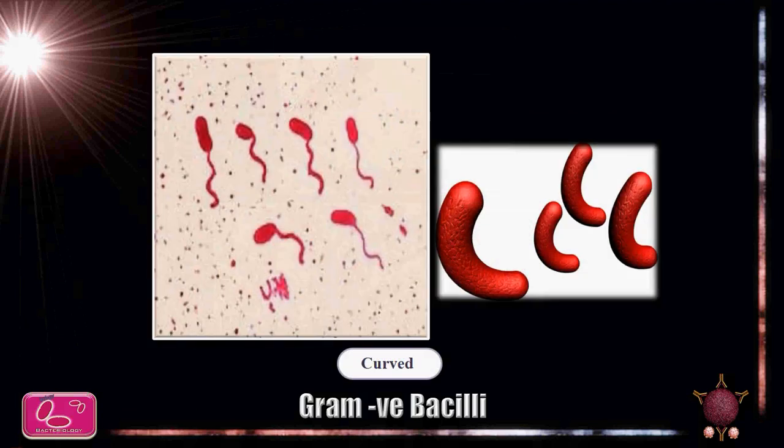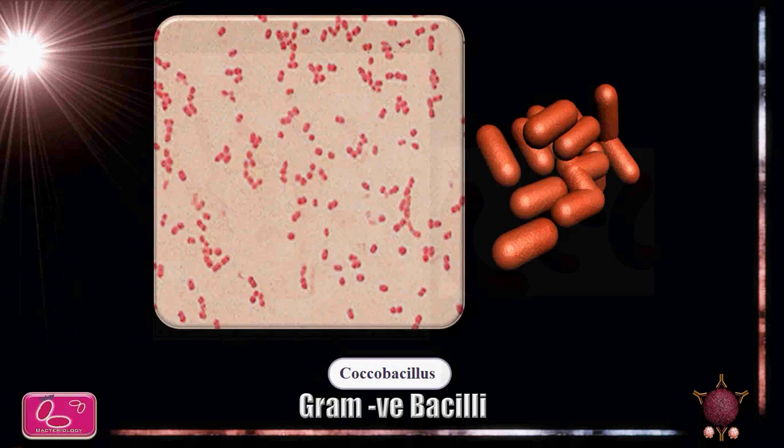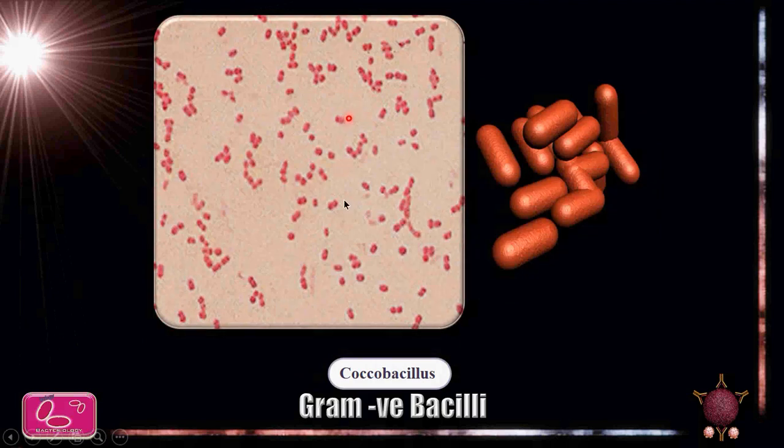As you can see here, gram negative bacilli, but they are curved, looks like an English comma. Here, this is a little bit tricky. If you look carefully, it can be mistaken for cocci, but they are a little bit shorter. You can see gram negative bacilli, but they are short, sometimes known as cocco bacilli.